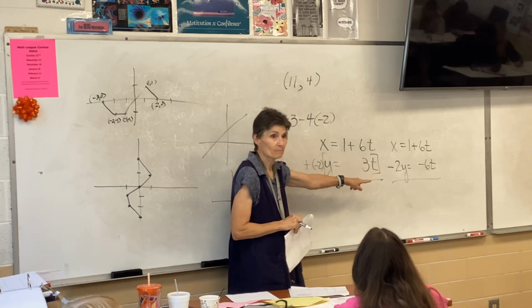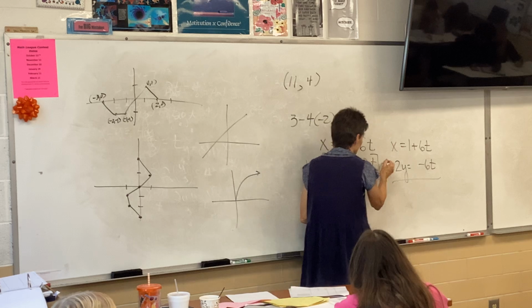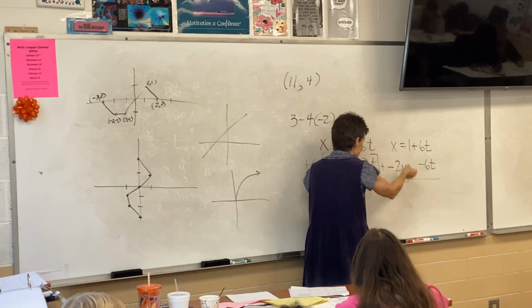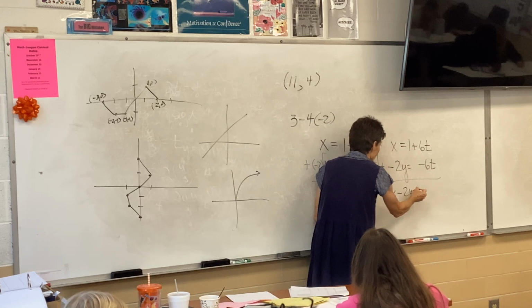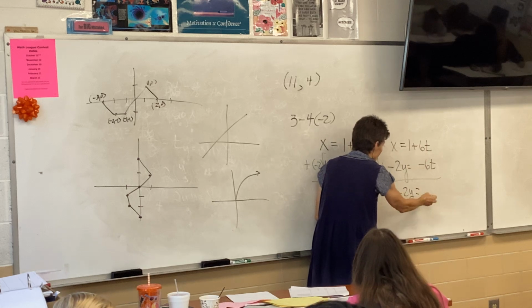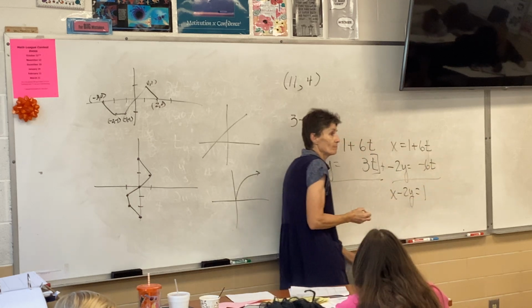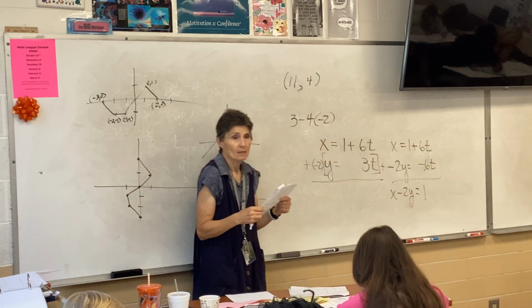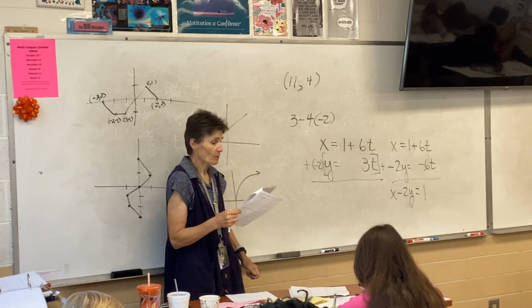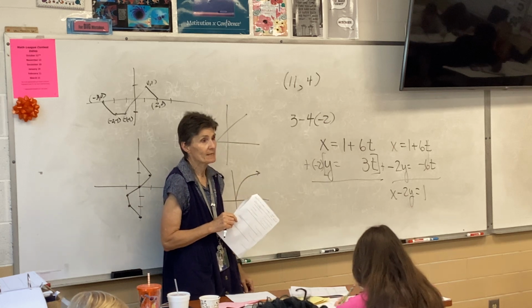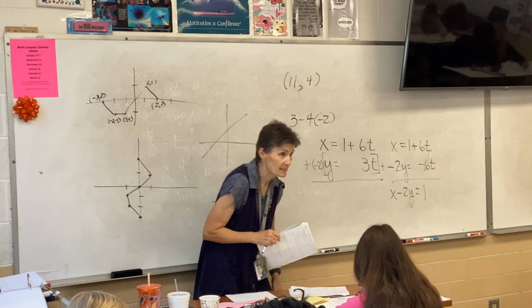That look okay? Now I'm going to add them. These don't combine, so x minus 2y equals 1. And I'm done. Find the direct algebraic relationship between x and y means eliminate t.